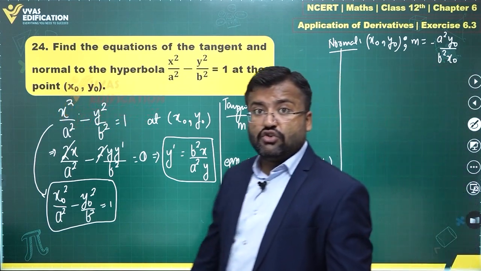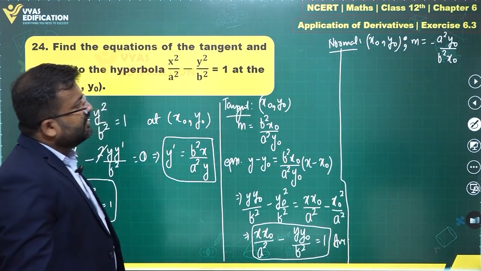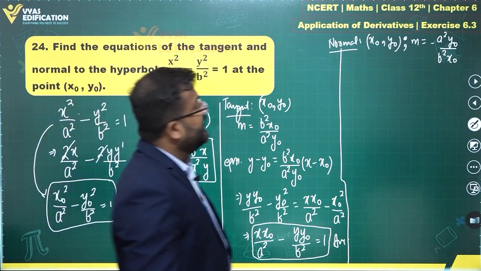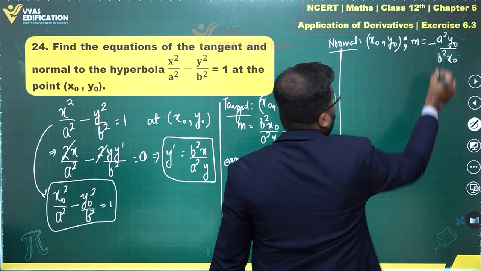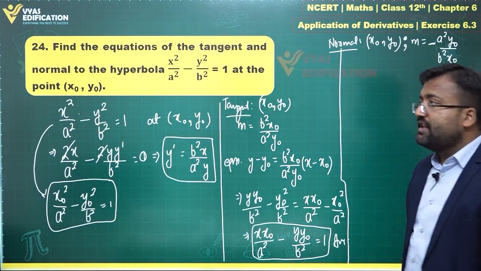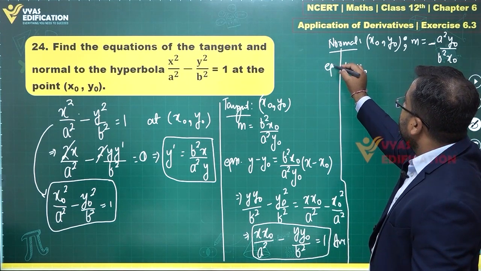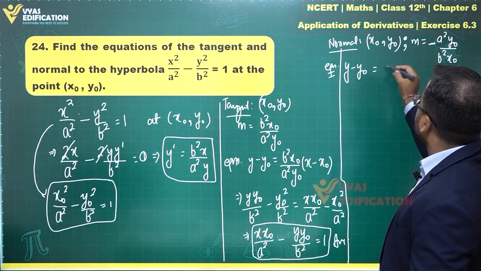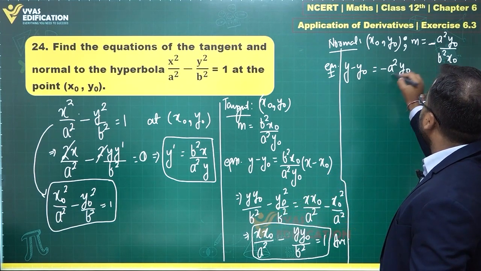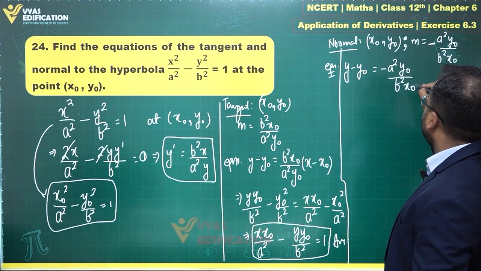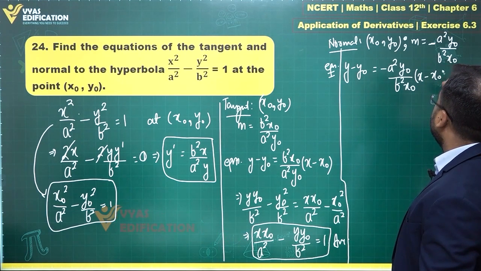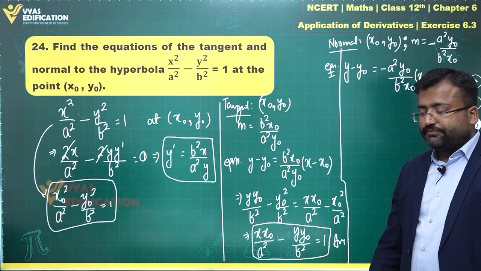This is the slope of normal. Once you're through with this, then you can easily find the equation of normal. Let's find it with the help of this. Y minus y0 is equal to the slope, minus a square y0 upon b square x0, times x minus x0. This is what you have, right?